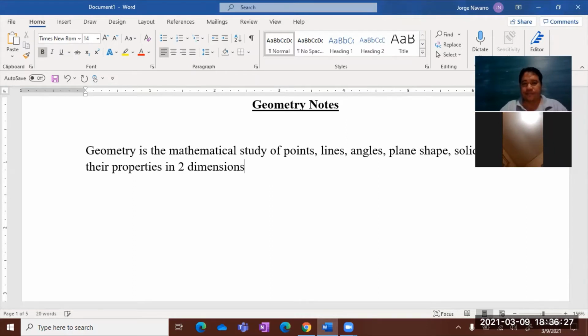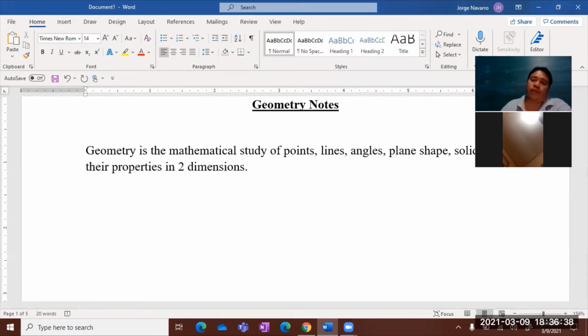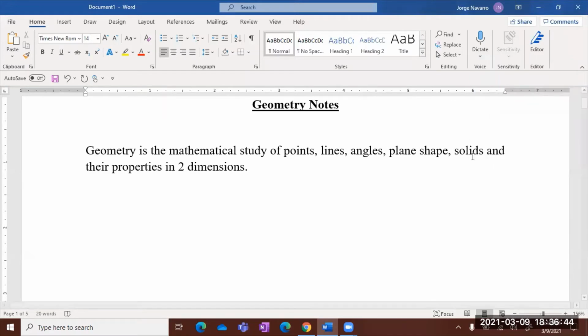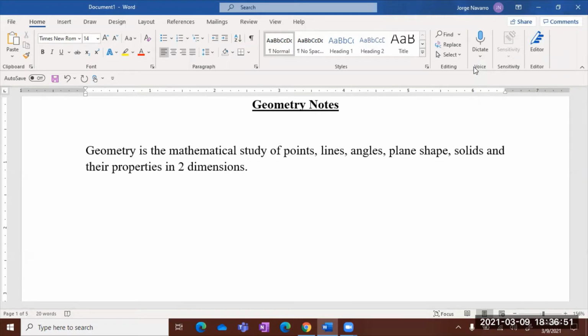The word metry means study. Geo actually means shape. So if we were to literally translate the Greek of it, we would say that geometry is basically the study of shapes.